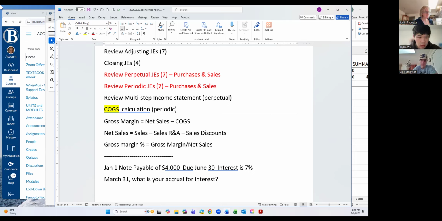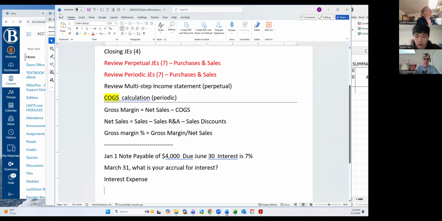You remember the journal entry? Is it interest expense and then what's the credit? When you owe money, what account do we use? Interest payable? Excellent. Yes.